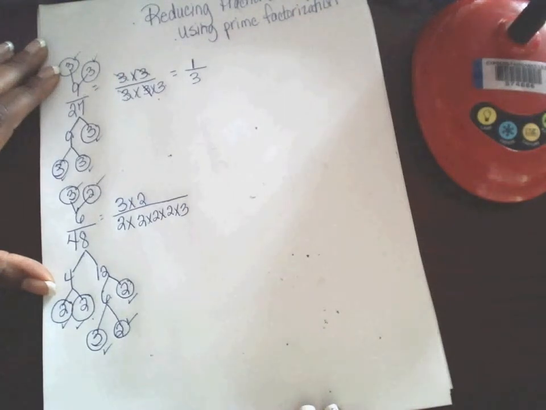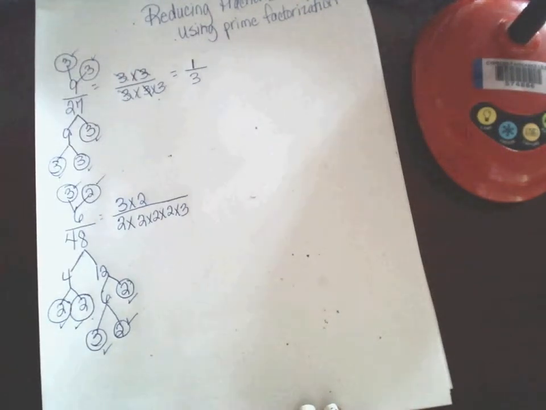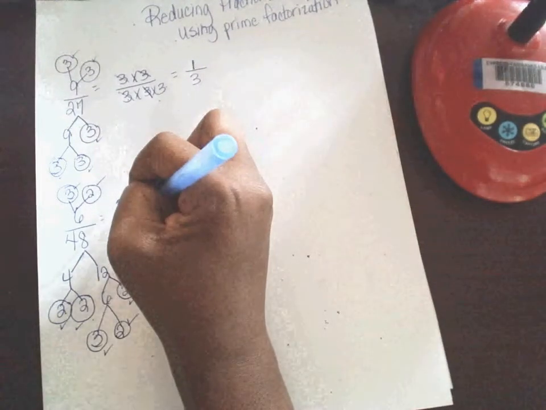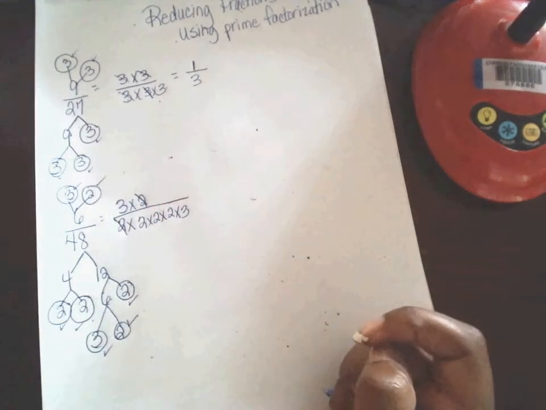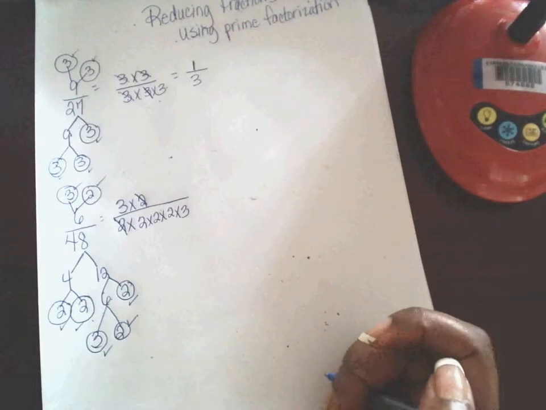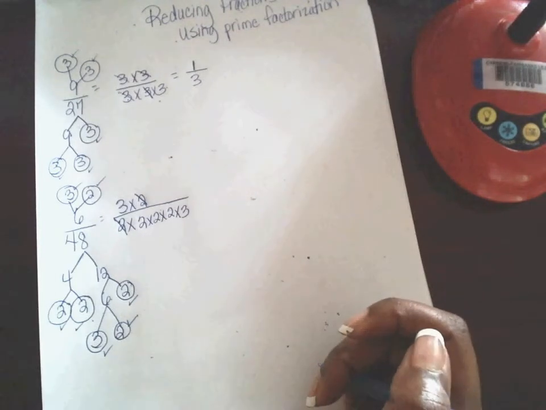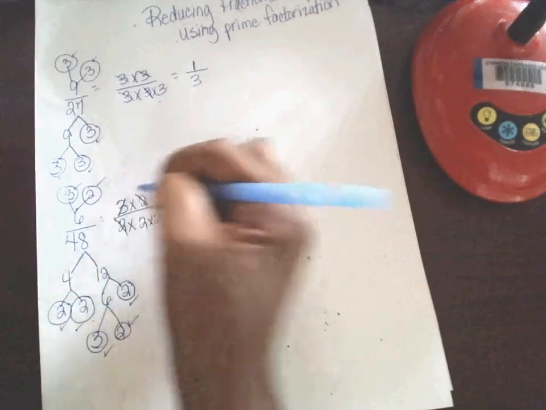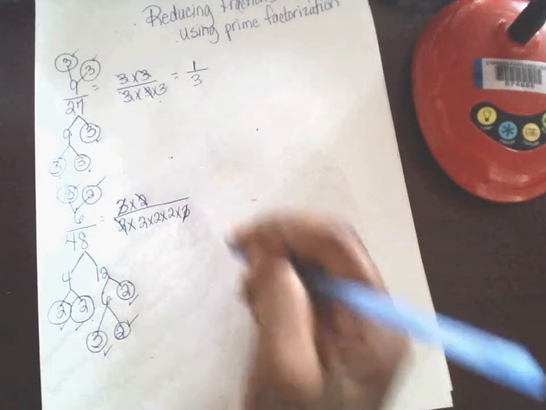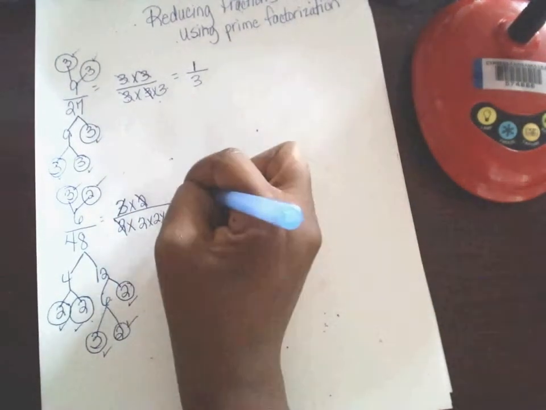Is there something at the top that is the same as the bottom? Someone raise your hand and tell me. Sebastian: Yes, the 2. Okay, so there's a 2 at the top. I can take out 1, 2 from the top and then take out 1, 2 at the bottom. I'm not just getting rid of them, I'm dividing out a 2 at the top and a 2 at the bottom. Is there something else I can do? Anthony: 3. There's a 3 at the top. I'm going to divide out a 3 at the bottom. Okay?